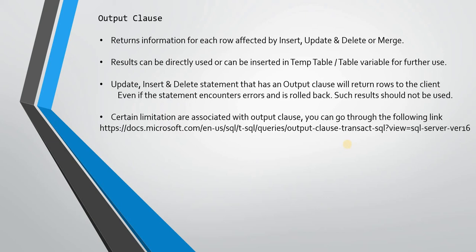Okay. If anybody has worked on triggers, then we know that earlier we used triggers for generally keeping the audit data, right? And a trigger usually has those two magic tables called inserted and deleted, right? In the same way, those magic tables are now available with the output clause as well.